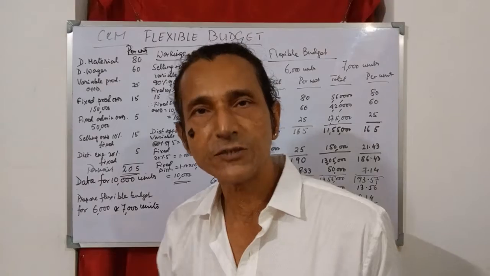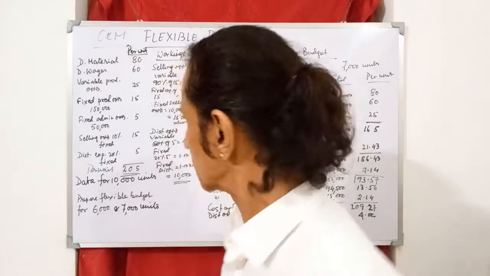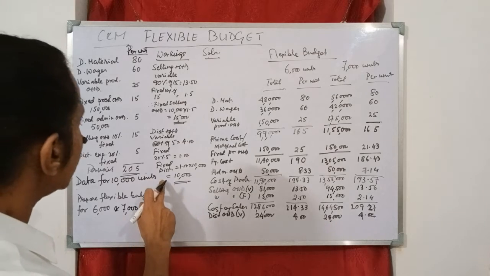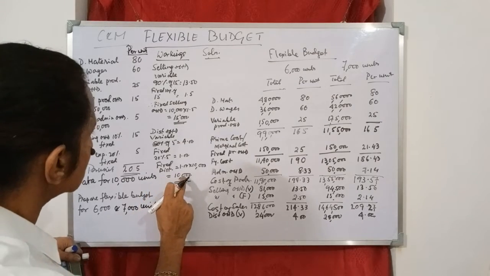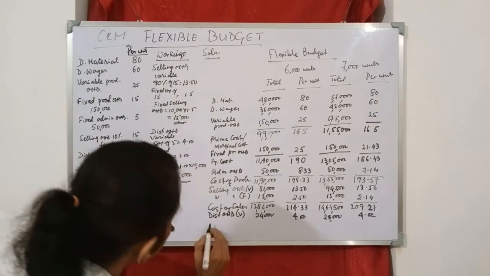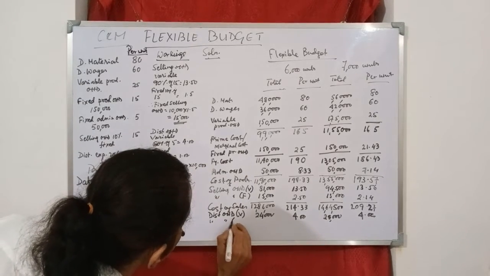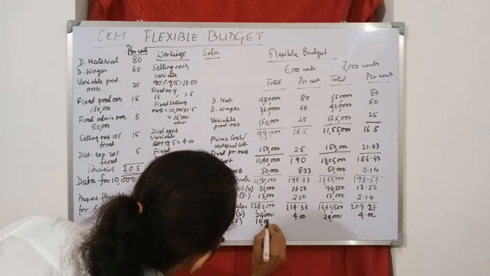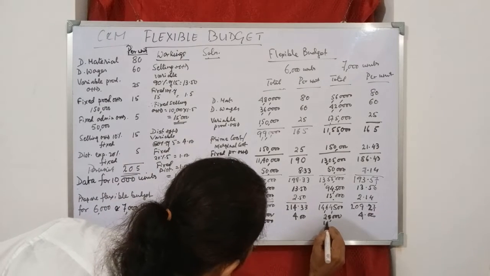Now we have to add the fixed part of the distribution overhead. How much is it? The fixed distribution overhead is 10,000. Please look at the wordings. So we write 10,000 in the total column for both the levels.